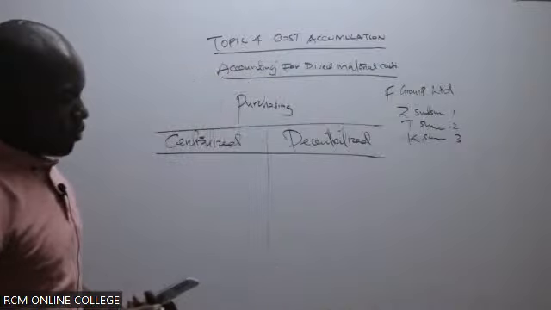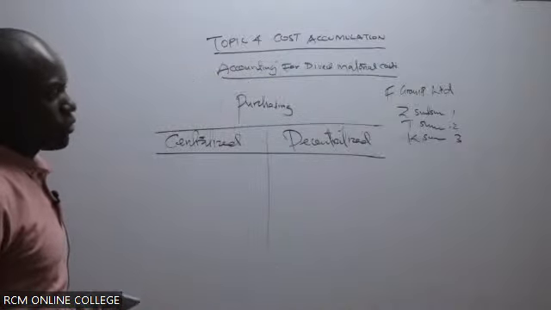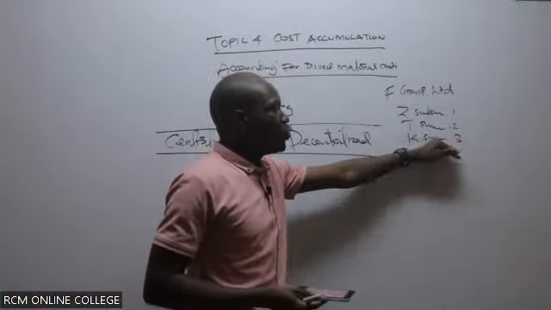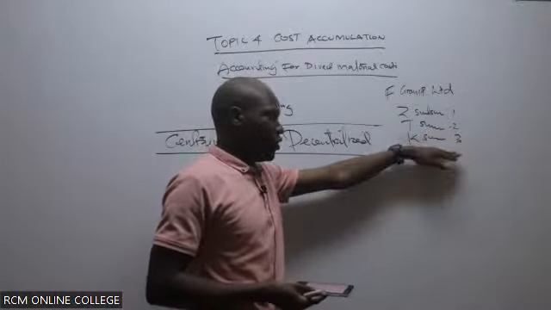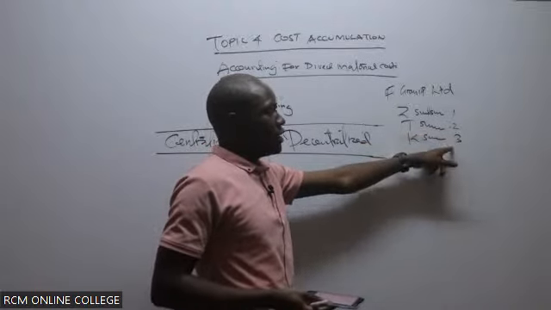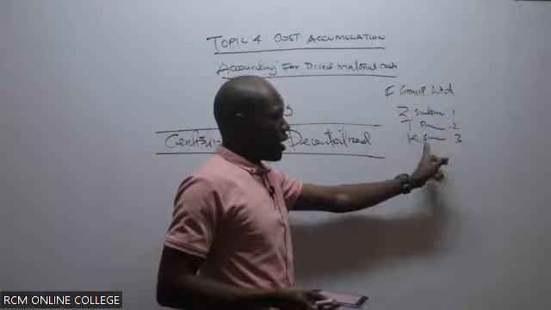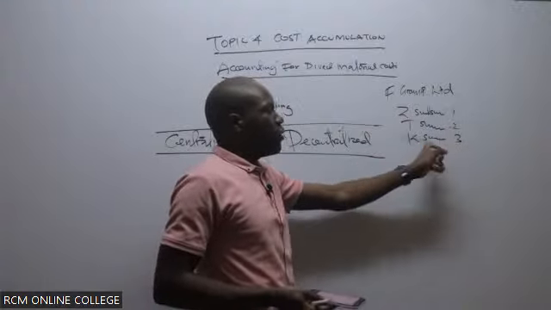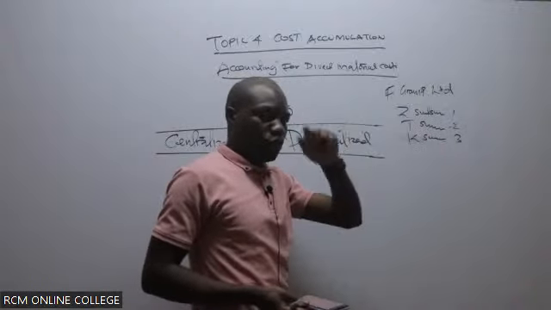Now I want to do production. Subsidiary 3 wants to do production and they need raw materials. For them to get raw materials, subsidiary 3, or K Limited, wants to purchase raw materials to do production.